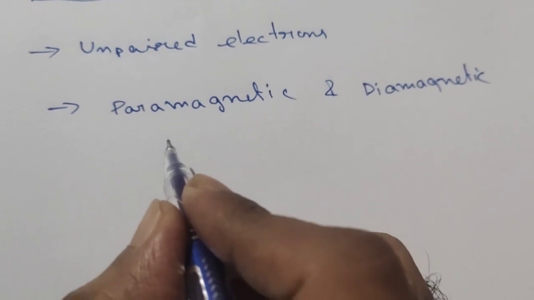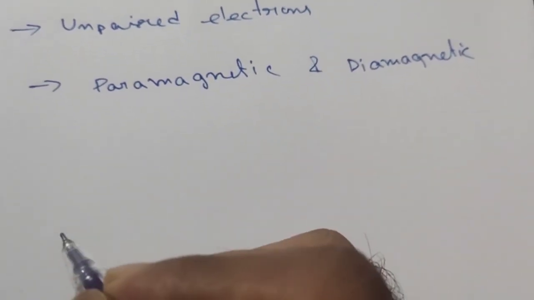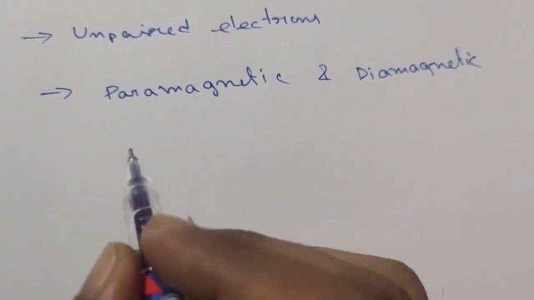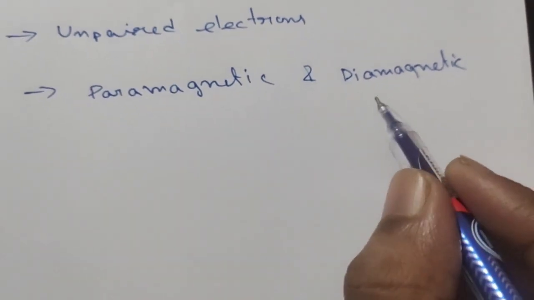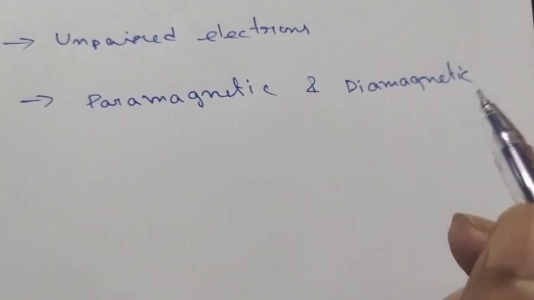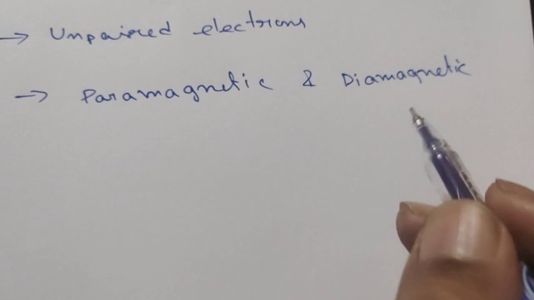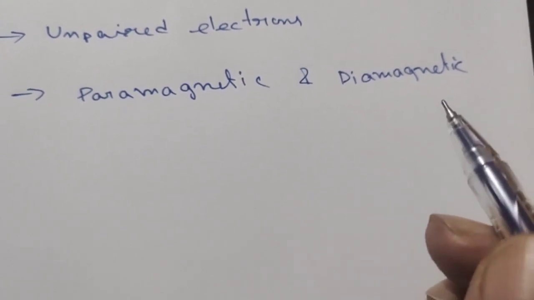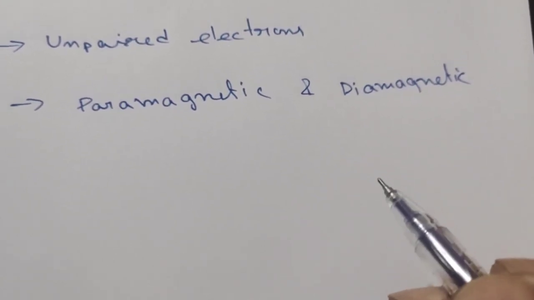Paramagnetic compounds are generally attracted towards a magnetic field, and diamagnetic compounds get repelled by an applied magnetic field.